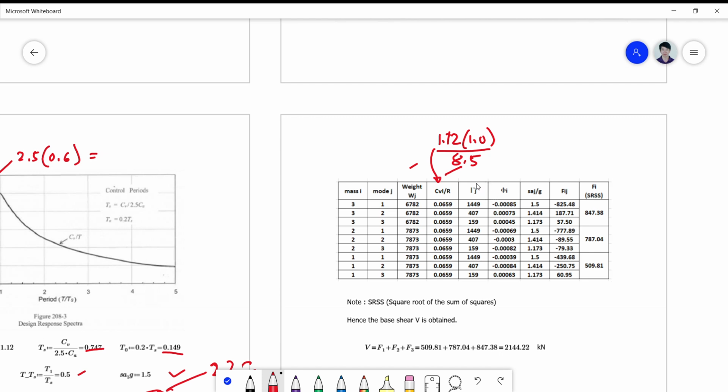And then this is gamma, no? So this is the participation factor gamma J. And this is the phi. Okay?